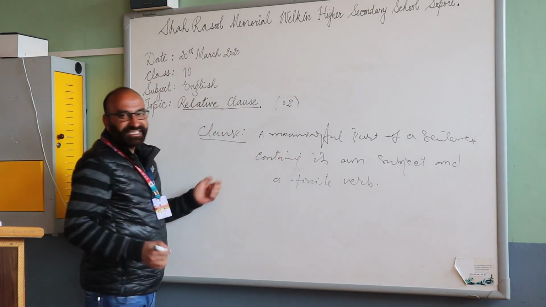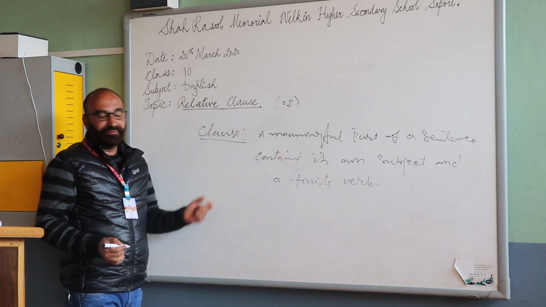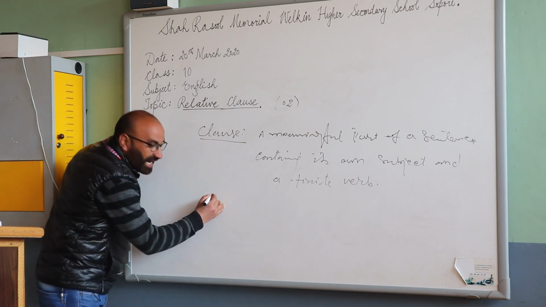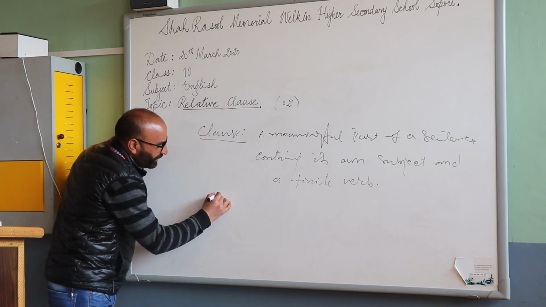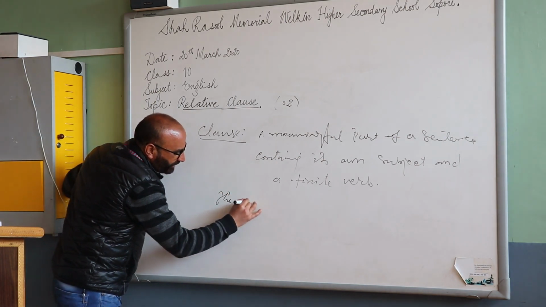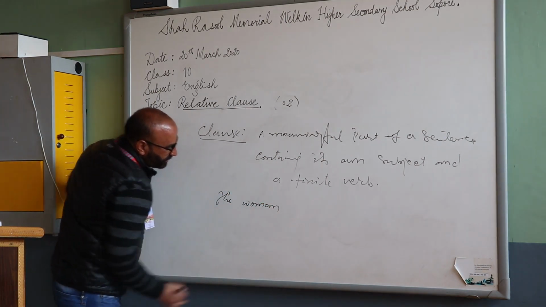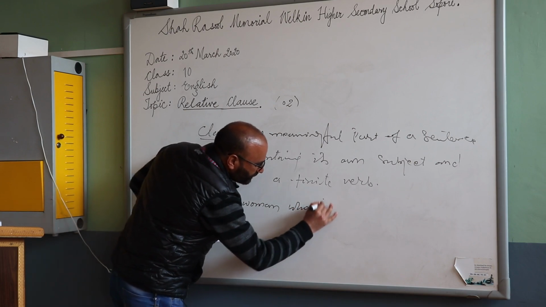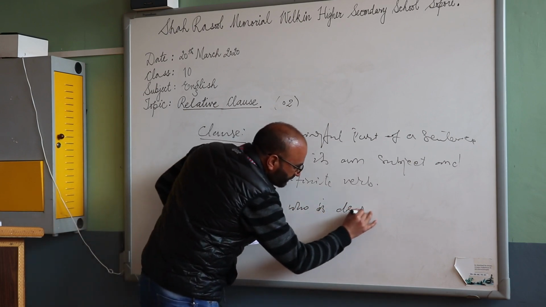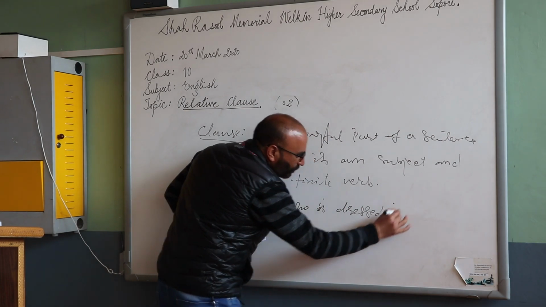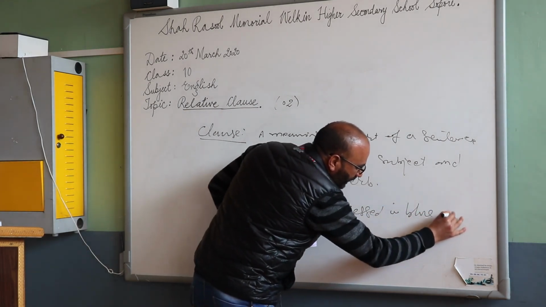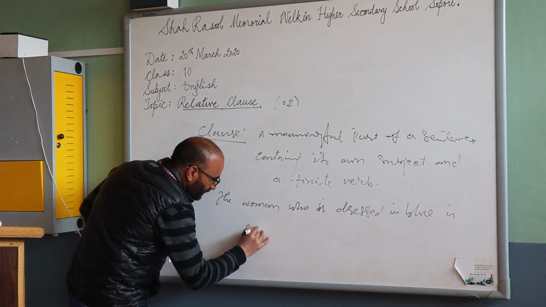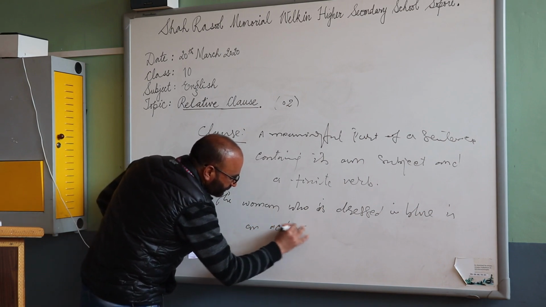So, if I write a sentence on this relative clause, I write a sentence like: the woman who is dressed in blue is an actor.